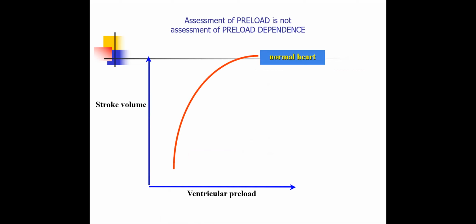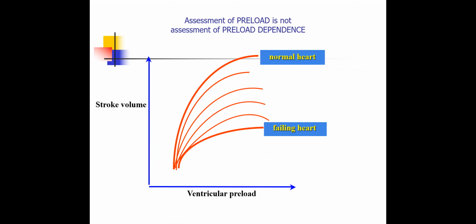Here we see two variables, stroke volume versus ventricular preload. This is the curve of the normal heart, and here we see the curve of the failing heart. In between these two, we see various curves. So what does it signify? That a particular increase in preload may produce an appreciable increase in stroke volume in the normal heart, but not the expected increase in the failing heart.